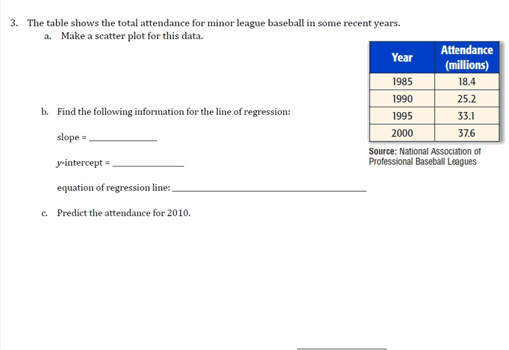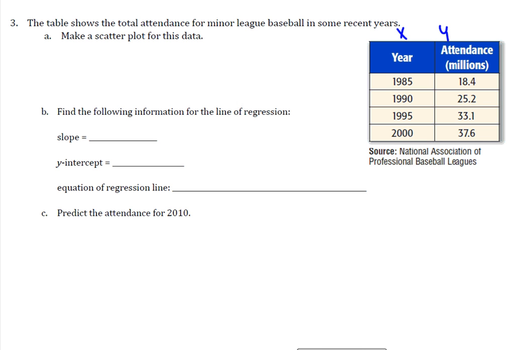All right, so this table shows the total attendance for minor league baseball in a couple recent years. Let's make a scatter plot. So let's sketch this out. So you've got 85, 90, 95, 2000. So there's your time, and here's your attendance in millions.